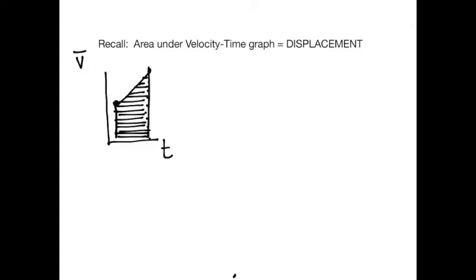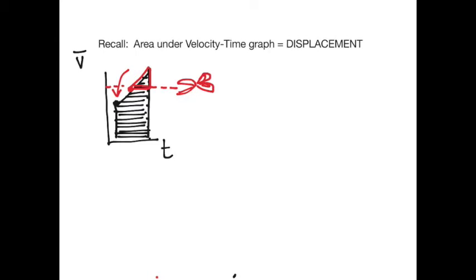I want us to find the midpoint of this line right here, and I want you to draw an imaginary line straight across it. If we took an imaginary pair of scissors and cut this graph along this line straight through that red dot, we could take this tiny triangle up top, and if you hung on to it and spinned it around, it could actually fit in this space right here.